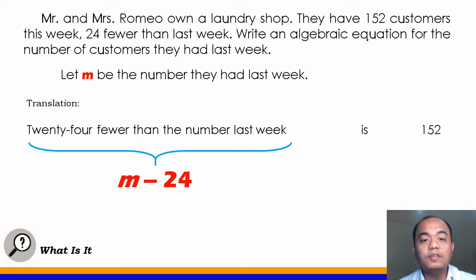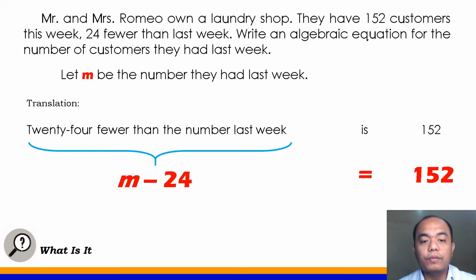Again, 24 fewer than last week will represent m minus 24. Is here will represent equal. And of course, we will copy 152. So, ang letter M na nakikita ninyo sa m minus 24 would represent the number they had last week.